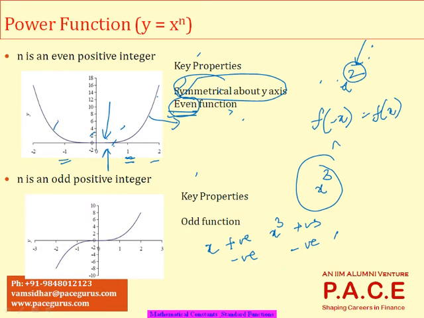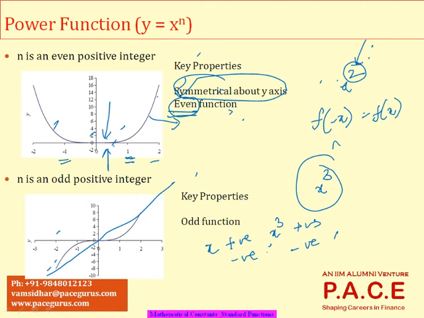Probably if you see here, if I draw a 45-degree line like this, or some degree line, so I see some kind of a symmetry like this across this line. So that is the kind of symmetry I can observe, but not across the y-axis. And these kind of functions, I call them odd.